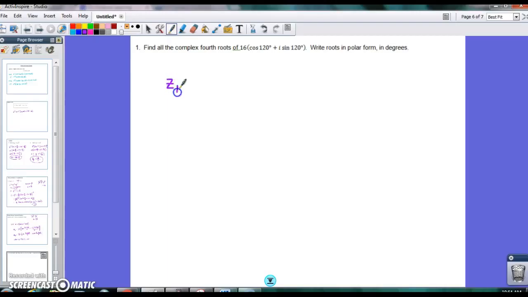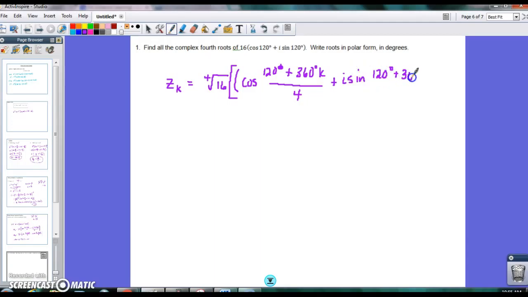So z sub k, as I'm looking for the complex fourth roots, I'm going to take the fourth root of 16, and then I'm going to have the cosine of 120 degrees plus 360k over 4, because it's a fourth root, plus i sine of 120 degrees plus 360 degrees k over 4.